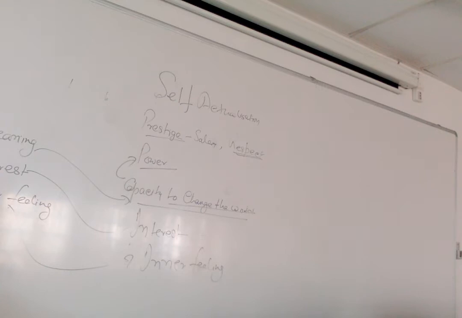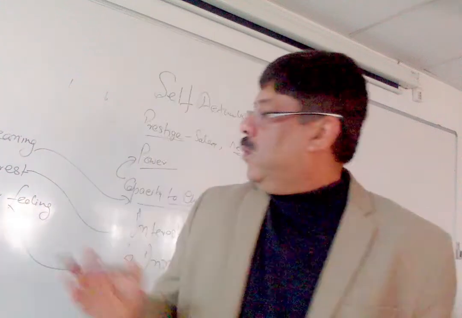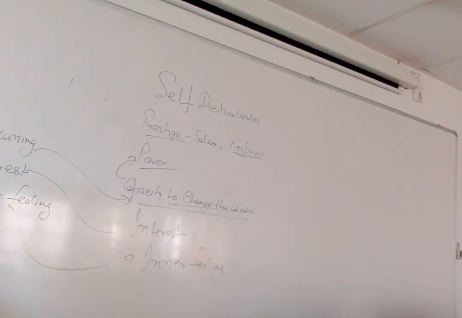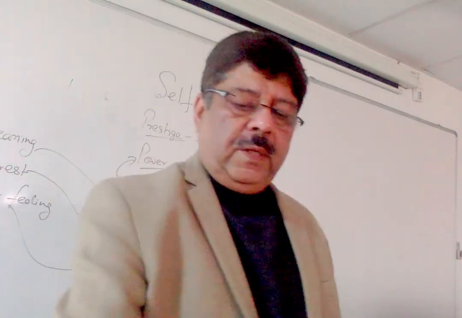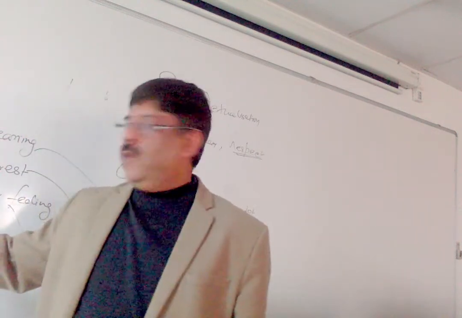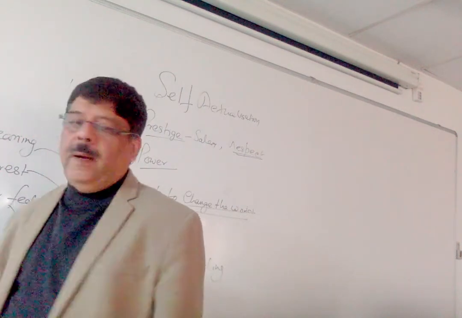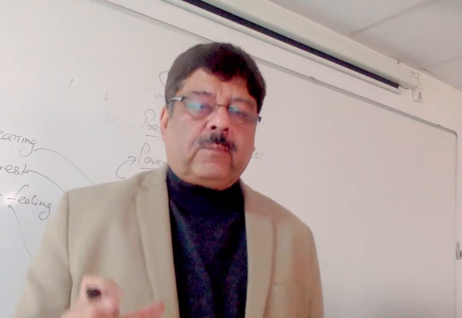Then you go to inclusion needs. You want inclusion in the society. When inclusion is satisfied, then you come to self-actualization. When all these are satisfied, self-actualization. First you want basic needs to be satisfied, then you want a place in society, inclusion.